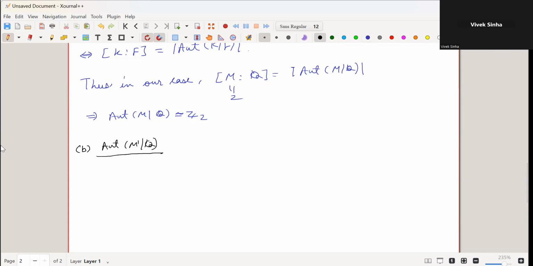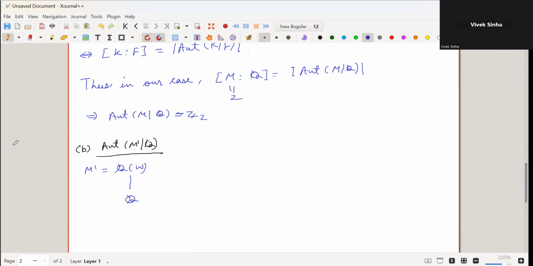Here M dash is Q(omega), and this is an extension of Q.